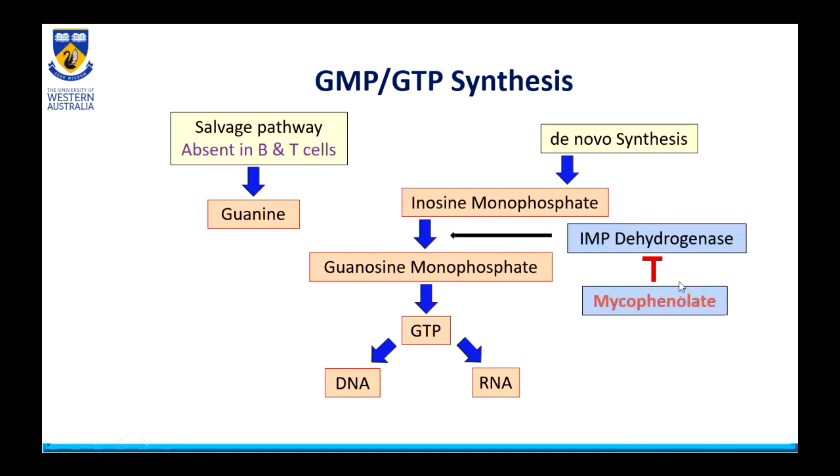And it's the mycophenolate which inhibits the dehydrogenase. So this is the point where it blocks it, and therefore you can't get guanosine monophosphate, and everything gets stopped from there down. So mycophenolate's effects, though, are relatively lymphocyte specific.